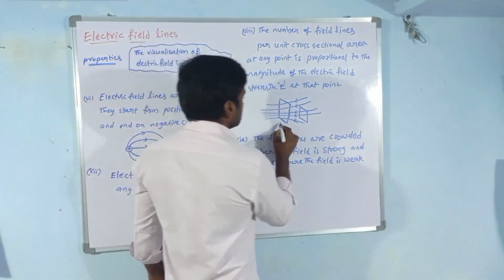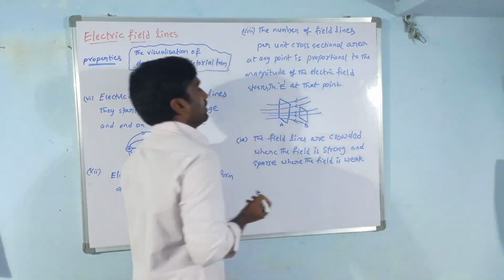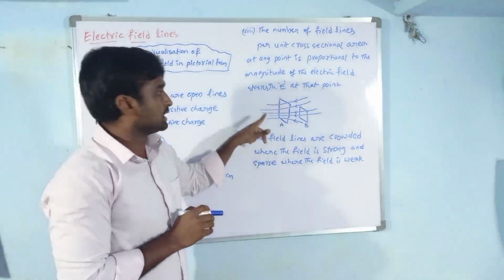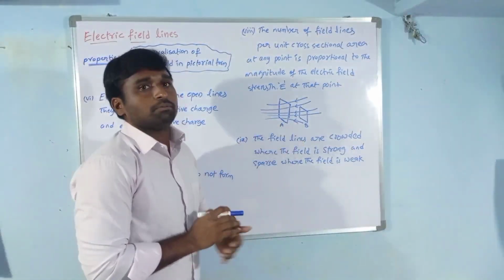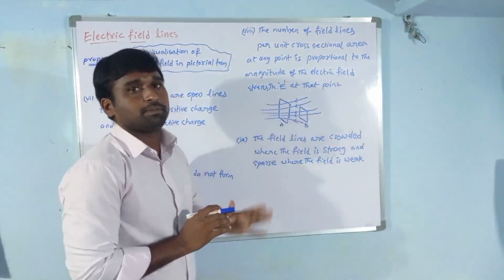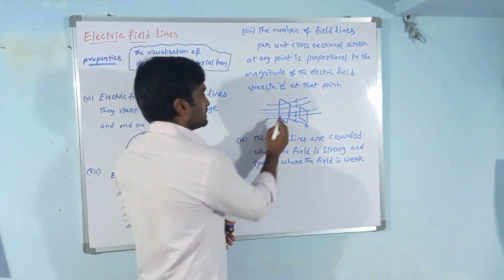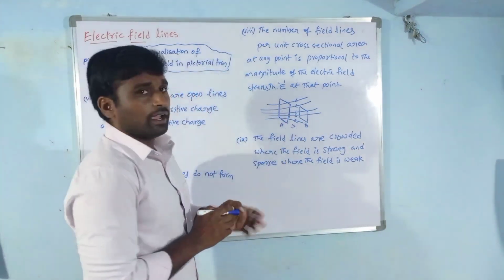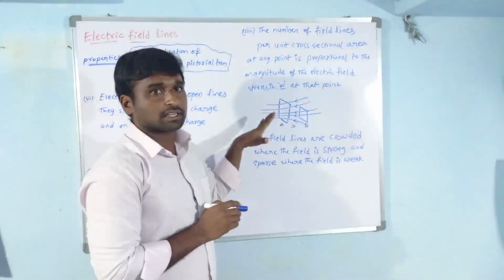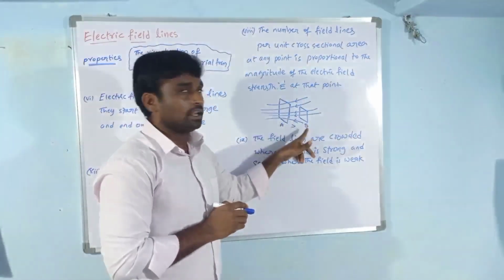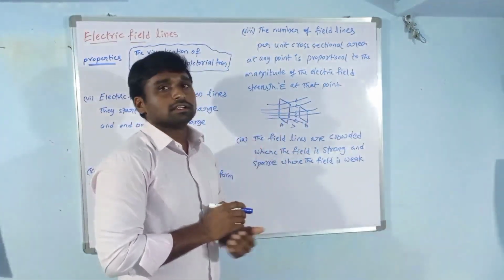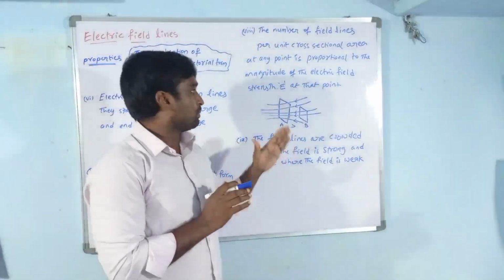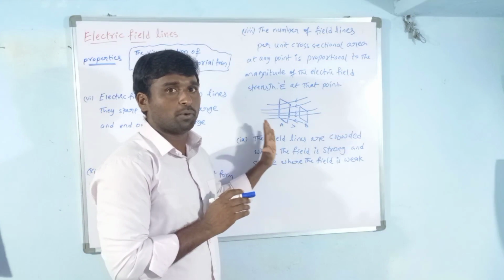If you observe carefully, this is surface A and this is surface B. The number of electric field lines passing through surface A is more than the number passing through surface B. That's why the electric field strength is high for surface A and low for surface B. So why is it high, why is it low? The number of electric field lines passing through this area is more.